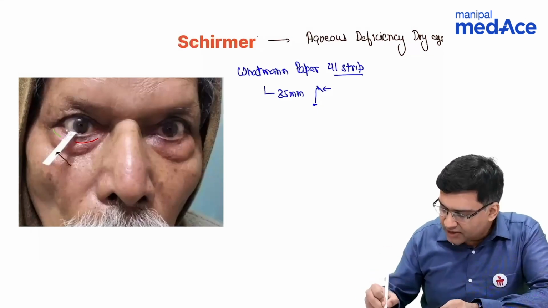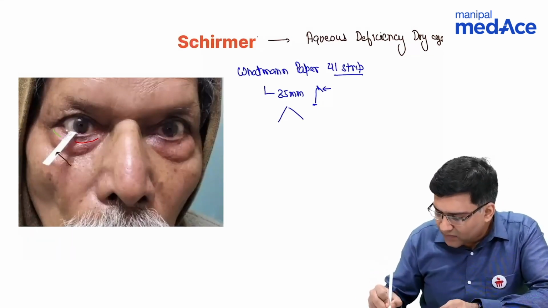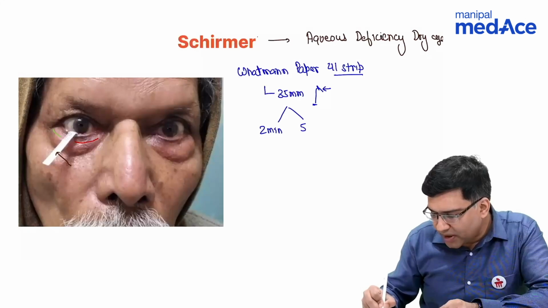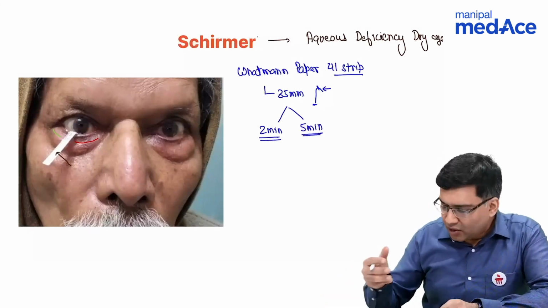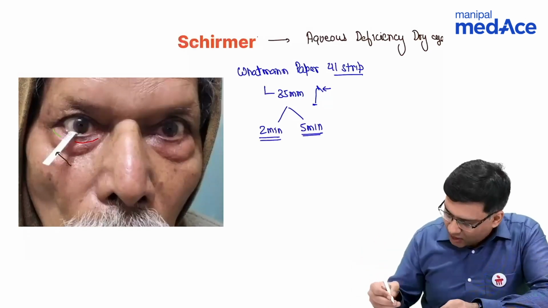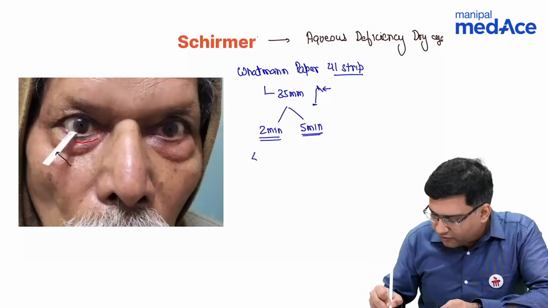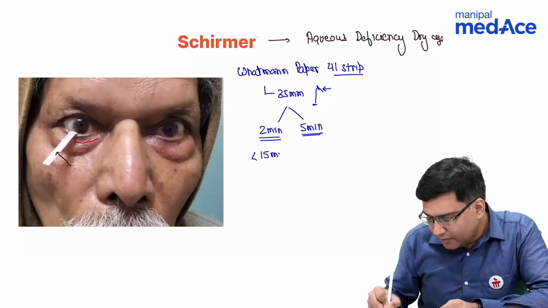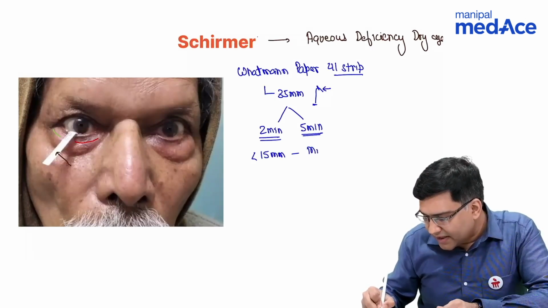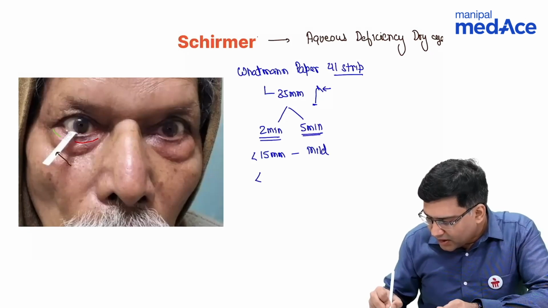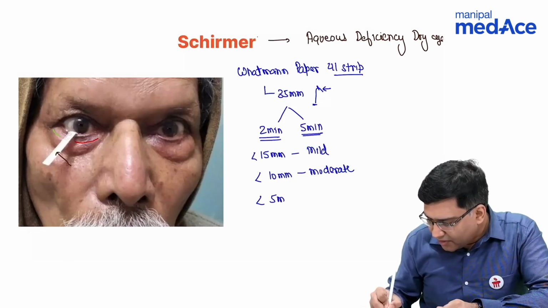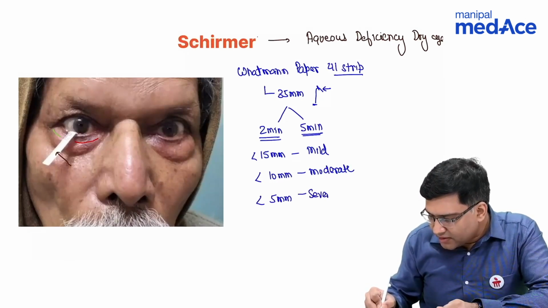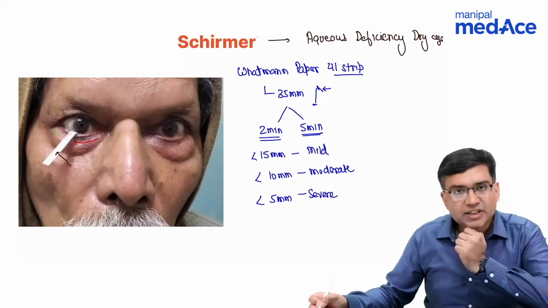After this we see the wetting of this paper for 5 minutes, and according to that we interpret which type of dry eye the patient is having. If the wetting of paper is less than 15mm, we consider it a mild dry eye. If it is less than 10mm, we consider it a moderate dry eye. If it is less than 5mm, we consider it a severe dry eye. Okay, so this is the Schirmer's test.